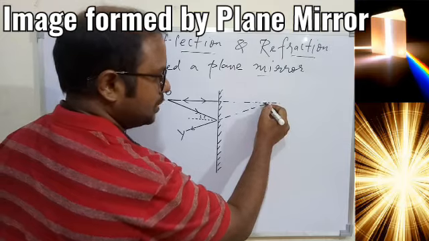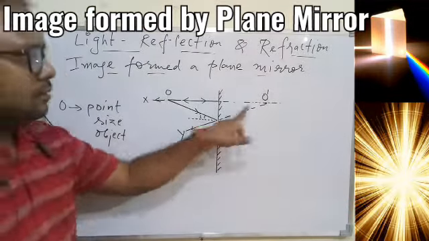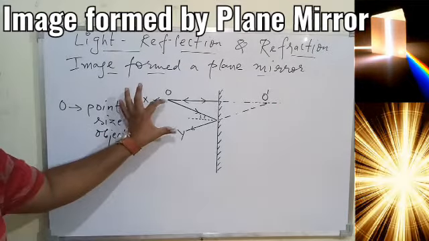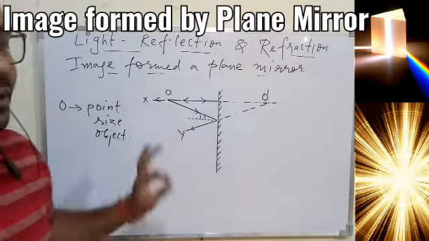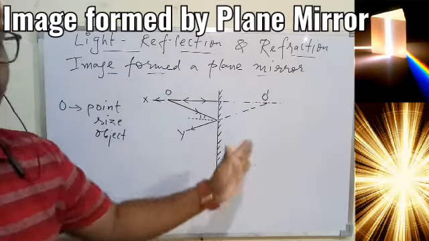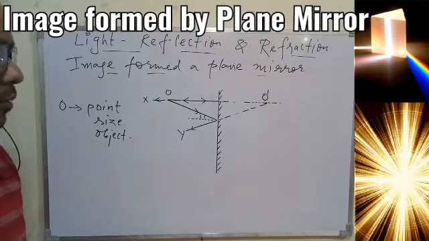If I say this particular point is O dash or O prime, this is the point where it seems that the two different rays of light are converging, but it is not actually happening because it is behind the mirror and the rays cannot pass through the mirror, because the mirror is an opaque object.